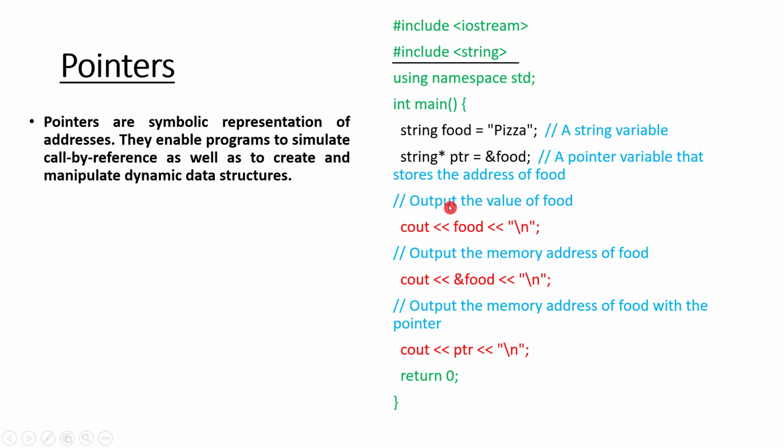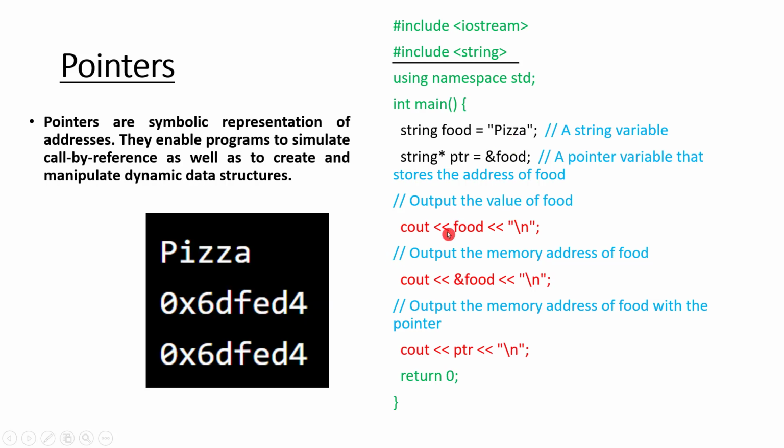Okay, then to output the value of the food, cout food. When it comes like this, cout food directly, it will come as pizza. Just keep in mind, I will show the output also. For the first cout, food equal to pizza, because we already assigned the value pizza, so pizza will come. In the second one, cout ampersand food. So ampersand food is basically the address.